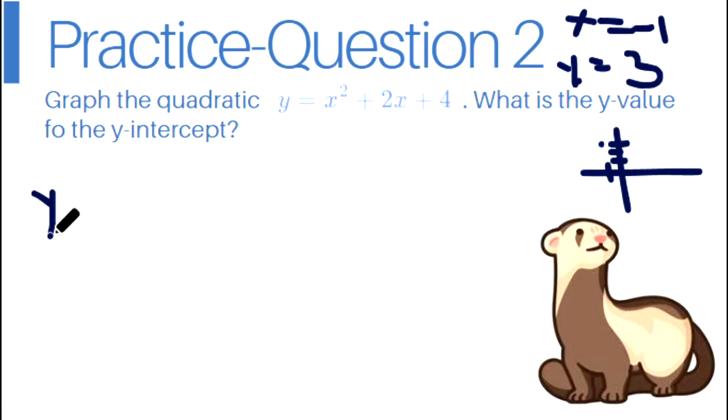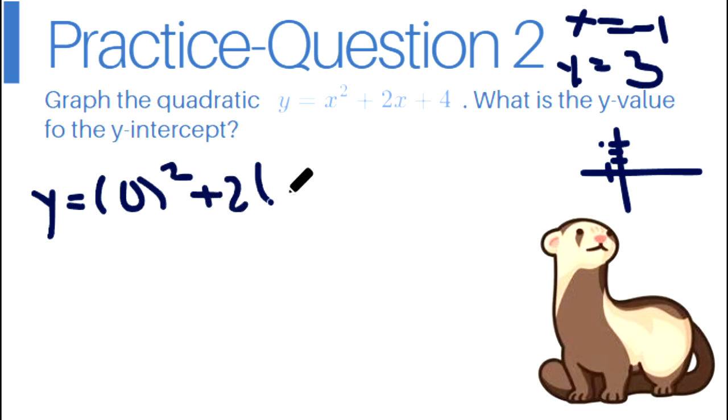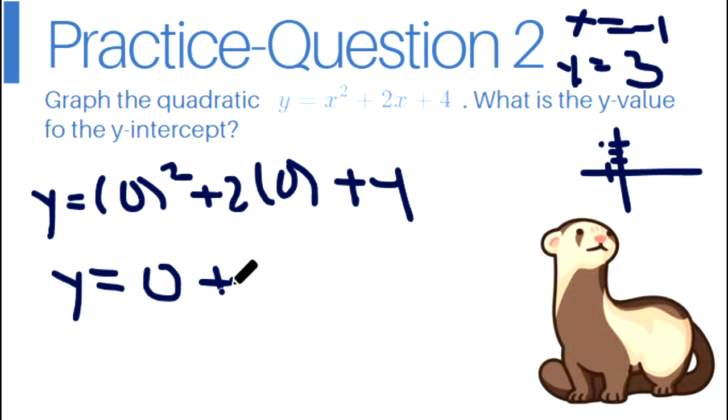So y is equal to 0 squared plus 2 times 0 plus 4. Y equals 0 plus 0 plus 4, which means y equals 4.